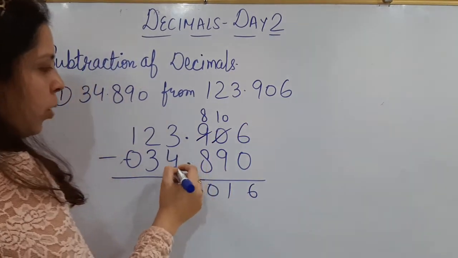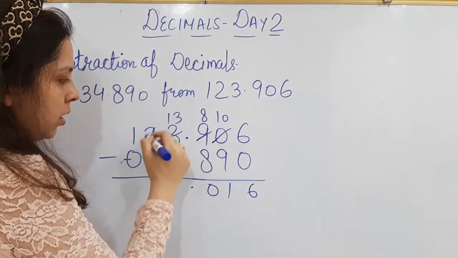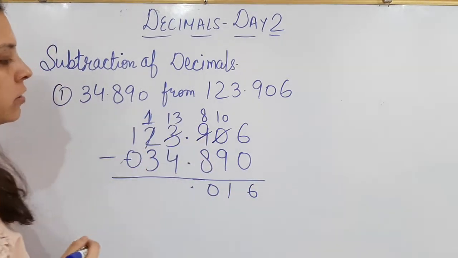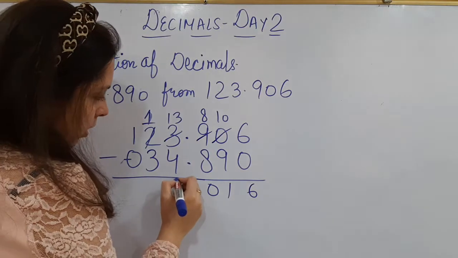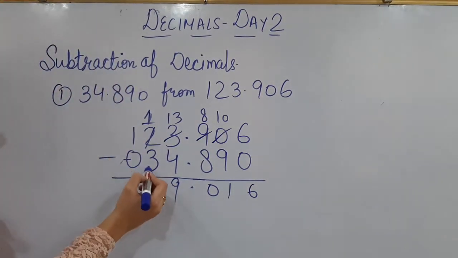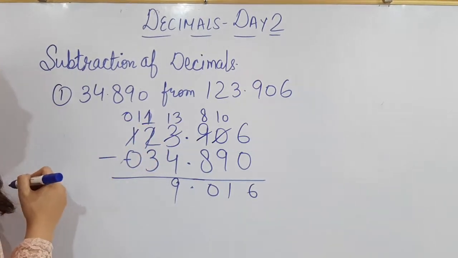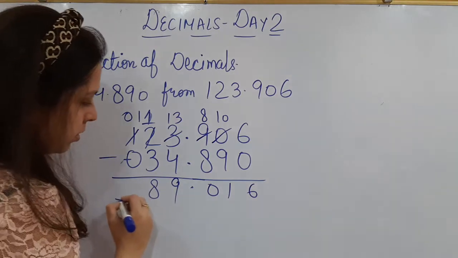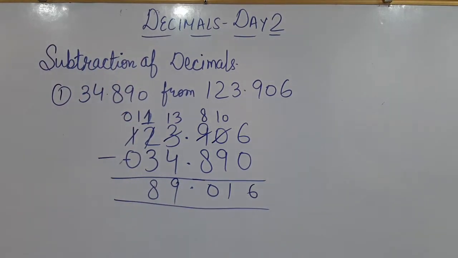Now I can't subtract 4 from 3, so it becomes 13 and the next becomes 1. So 13 minus 4 is 9. Now I can't subtract 3 from 1, so I will borrow from here. It becomes 11 and the next becomes 0. Now 11 minus 3 is 8. So 89.016 is the answer.